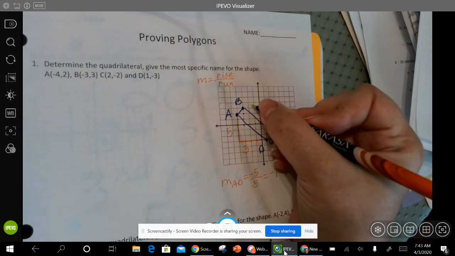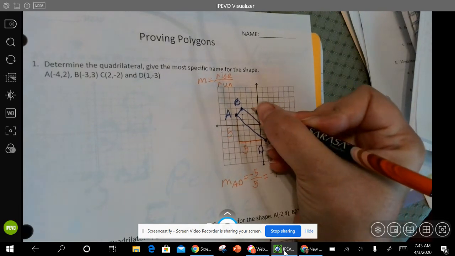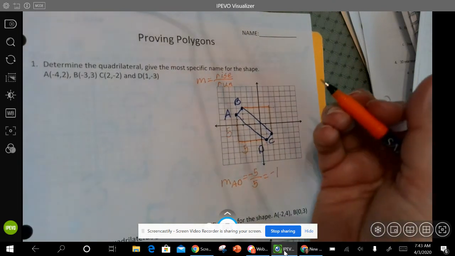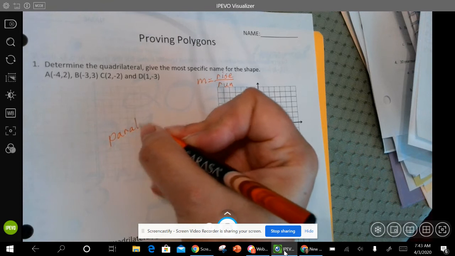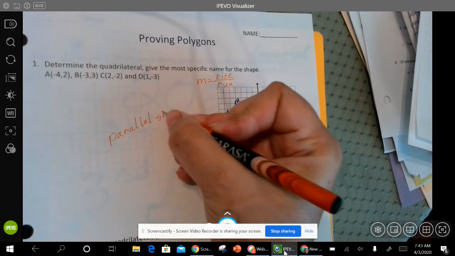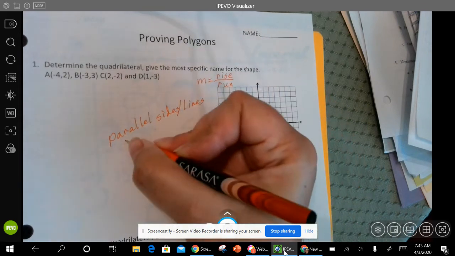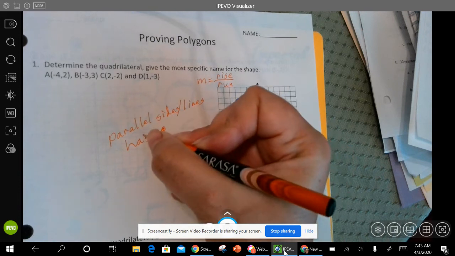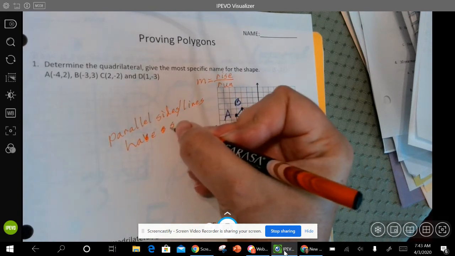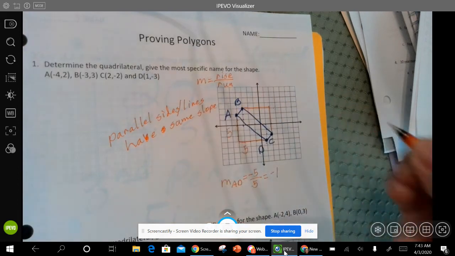We can check the same thing over here. So parallel sides or parallel lines have the same slope. Same slope. Okay, so I'm going to check that too.